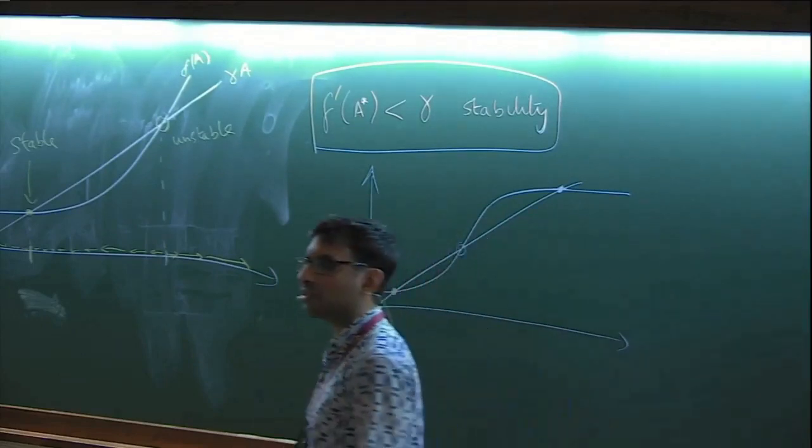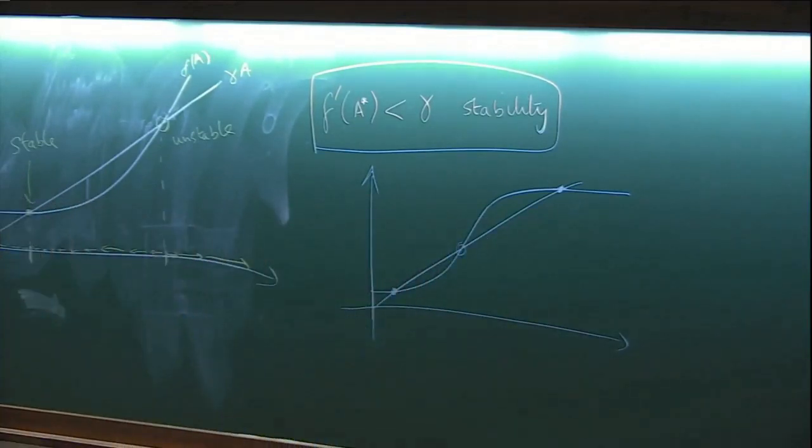What I want to do in the rest of the roughly 10 minutes that's available is to now, with all these tools, come back to this and talk about 2 dimensions and show you what you can do in 2 dimensions. Okay, any questions about this? All right, excellent. So let's take this equation.